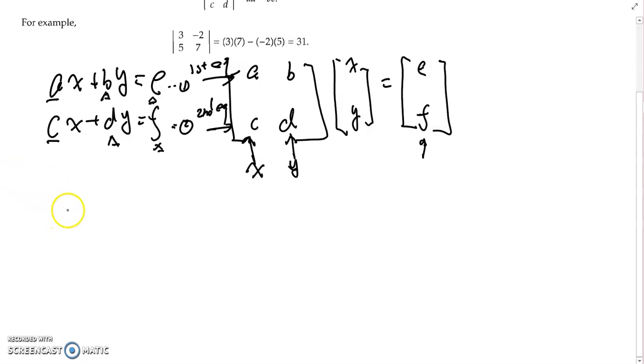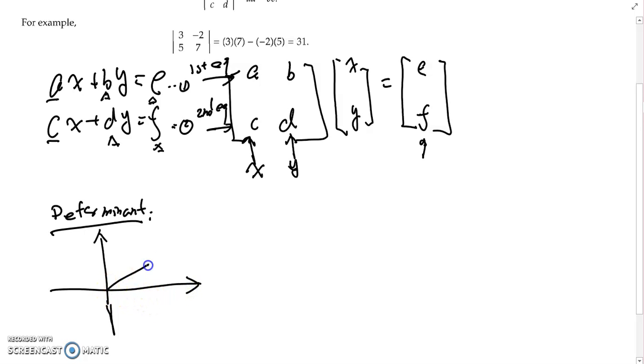To solve this system, we can use the determinant. In vector geometry, the determinant can mean the signed area, for example of the parallelogram formed by a, b, c, d. We can talk about this later.